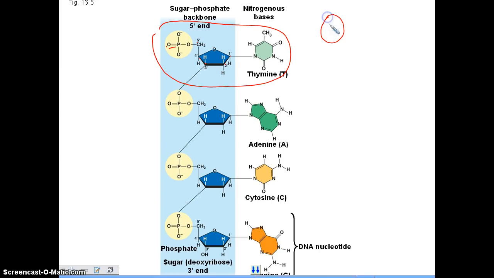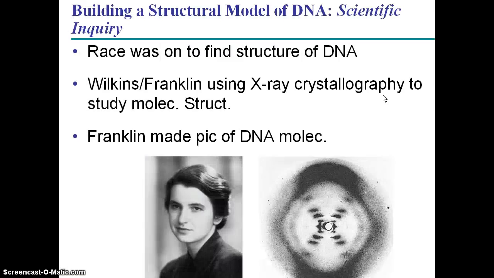So if you want to visualize it this way, you have the phosphate group, the 5-carbon sugar, and then this nitrogenous base. So again, this is one particular nucleotide. And then these nucleotides are linked together to form the polymer of DNA. So again, that's what we know now, and that's what was the focus of such intense research back in the early 1950s.